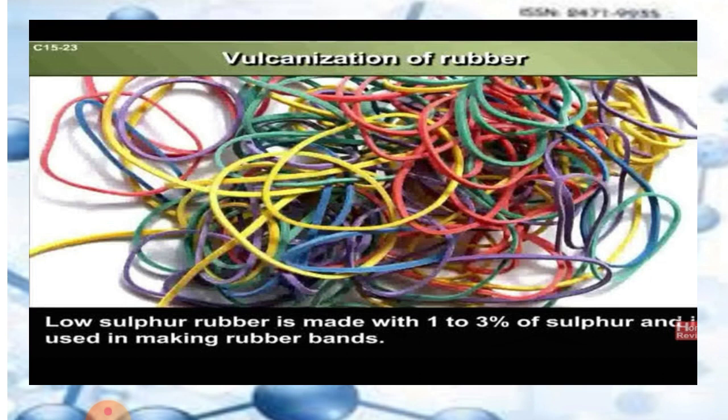When in the vulcanization process we take 1 to 3% of sulfur, it will give you vulcanized rubber which is used in making rubber bands. We use rubber bands in our day-to-day life. When the proportion of sulfur is 1 to 3%, it will give you rubber bands.